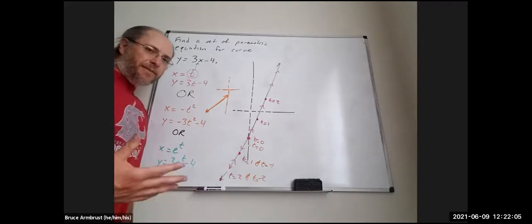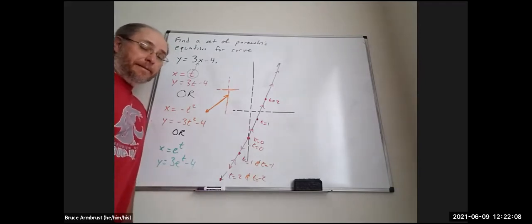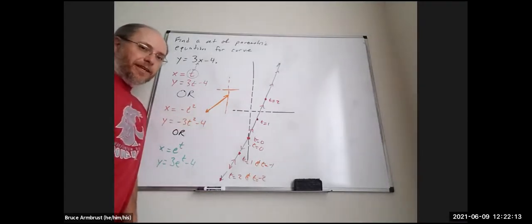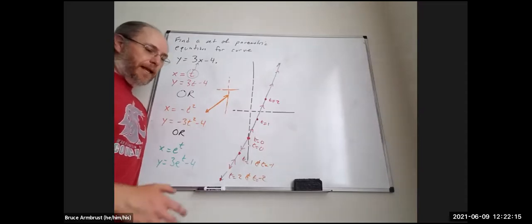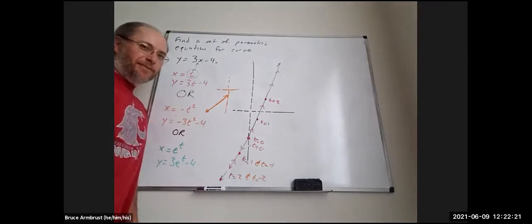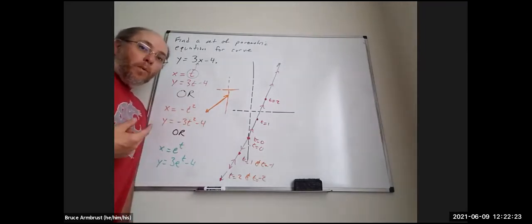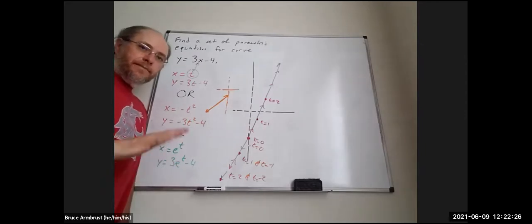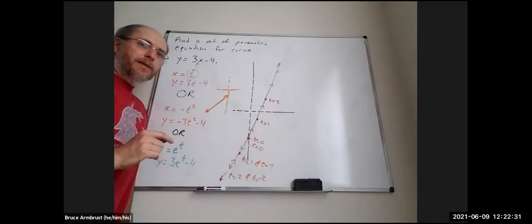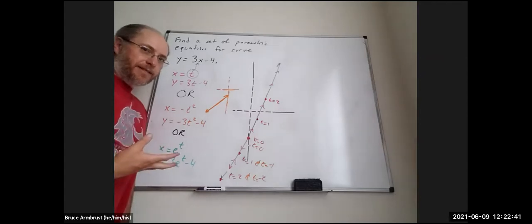So this is just something you have to be careful about when you parameterize: it's possible that if you pick something, you don't get the entirety of your graph. I only bring this up not so much for this class, because this class we're just learning about them. But if you end up using this in science, if you're going into engineering or physics, you're going to use parametric equations. Then you have to be really careful that you're actually getting the part of the graph that you want to see.